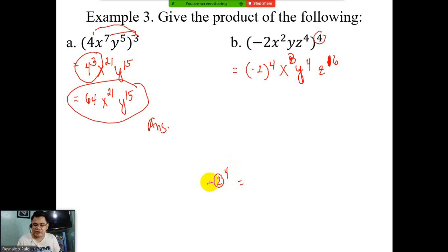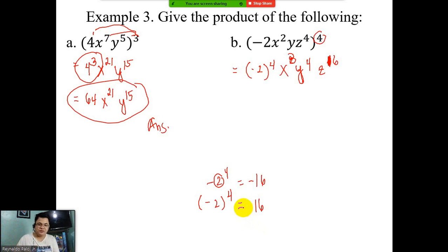So if you're going to simplify this, negative 2 raised to the power of 4, you will be getting an answer of negative 16. But if you will be raising the whole negative 2 raised to the power of 4, you will be getting positive 16. So you have to take note of that. If the negative is not included, you cannot actually make it a part of the base.